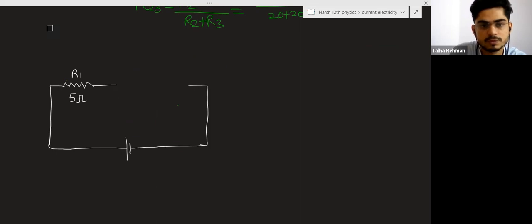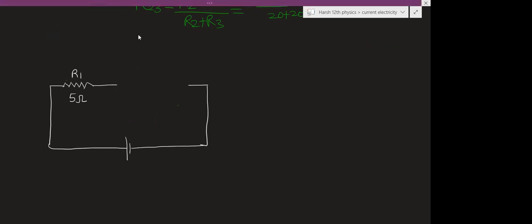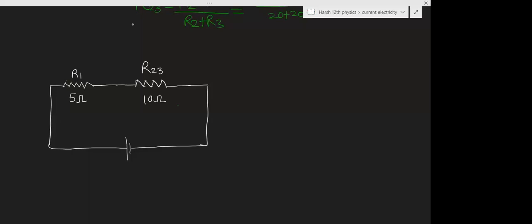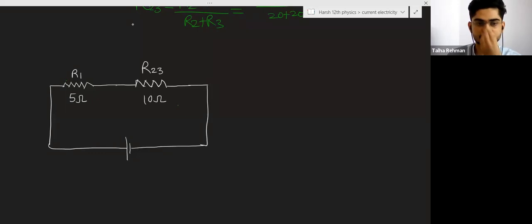Instead of two 20 ohm resistances, I am connecting a 10 ohm resistance, and I am giving the name R23. Now we have changed our circuit.